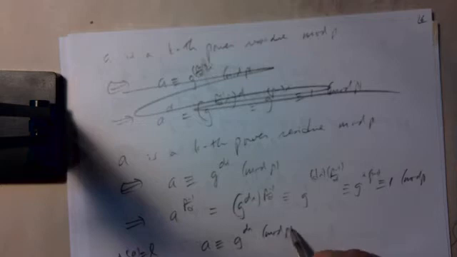Another way of saying this is because the index of a with respect to g is L, a is congruent to g to the L mod p.